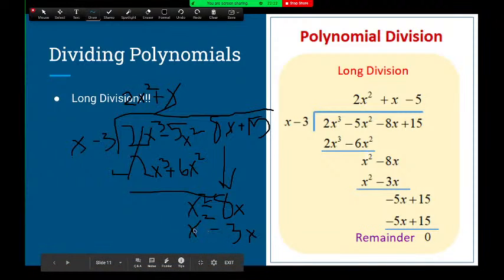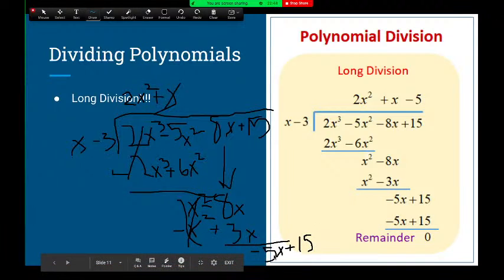Then you subtract, so you turn that into a minus, turn this into a plus, and it cancels this out, and now you have negative 5x plus 15.